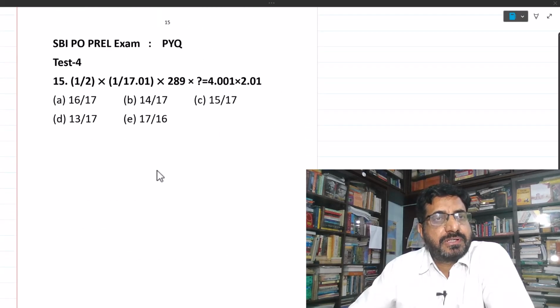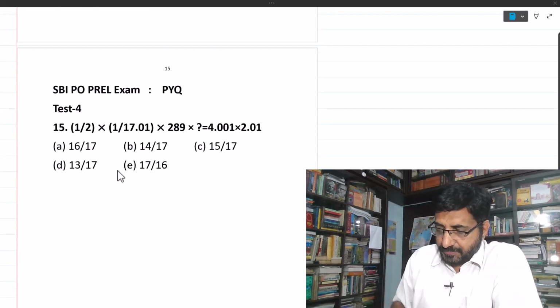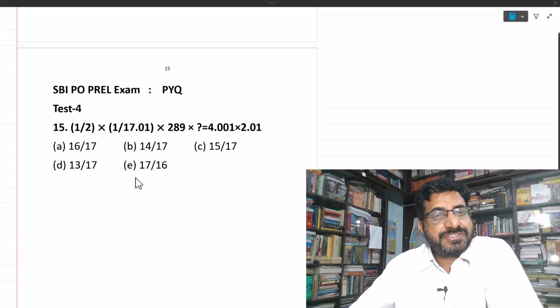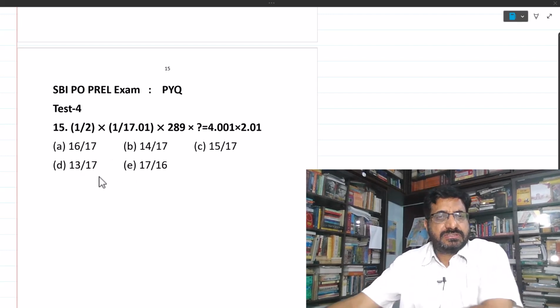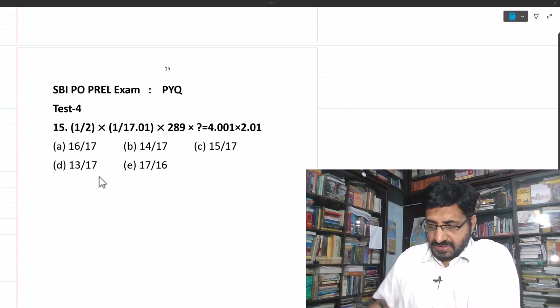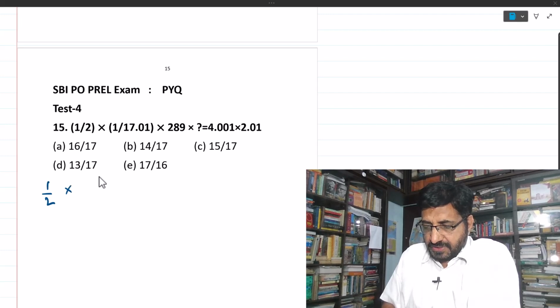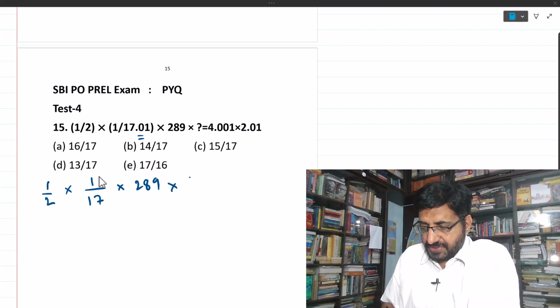Okay, now in this test 4, this is the last problem. We'll solve this and move on to the next test. This is also very simple. This is half, let it be, into 1 divided by 17.01. You can neglect that 0.01, into 289 into question mark, 0.001 you can neglect, it is 4 into 2.